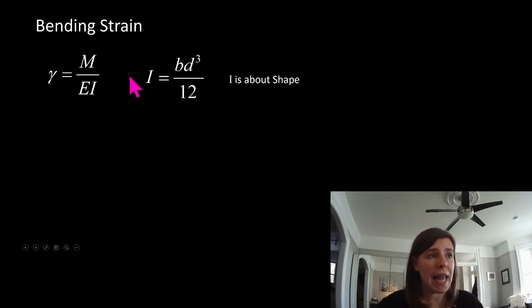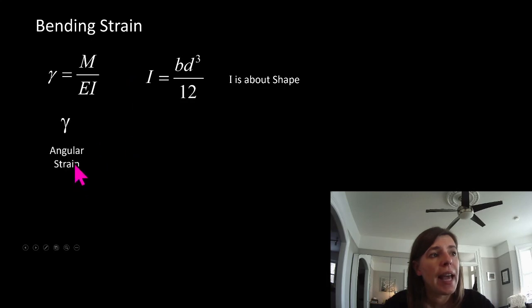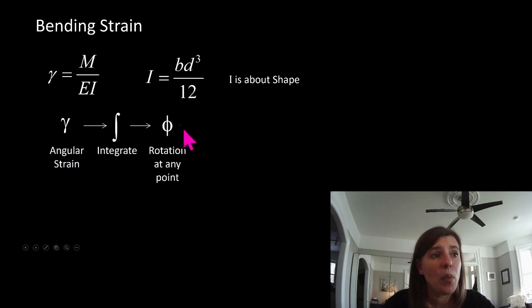So, knowing that, if this is our placeholder for shape, I, and this is the bending or the angular strain equation. Angular strain, again, you do not have to do that. We can integrate and we can find rotation at any point along the object that's in bending.